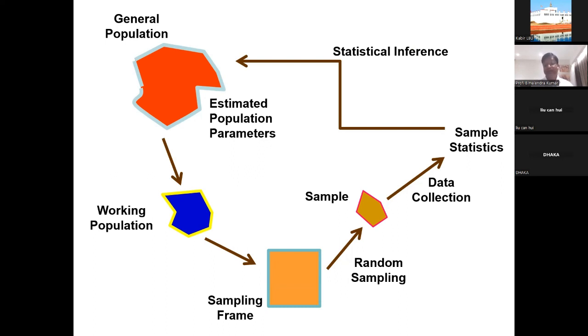Here a researcher is making his plan of how, from the sampling frame, he takes the random sampling, like 25 families or 15 families. He makes it random. Then the result, whatever comes, is called data collection.